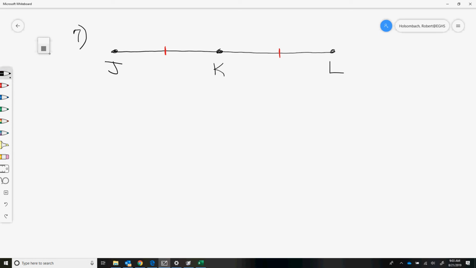JK is 5x. K to L is 2x plus 3. You need to find J to K, K to L, and J to L.